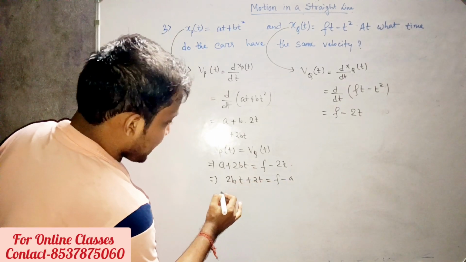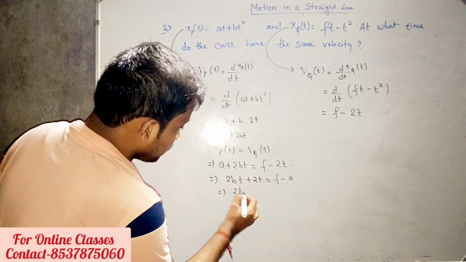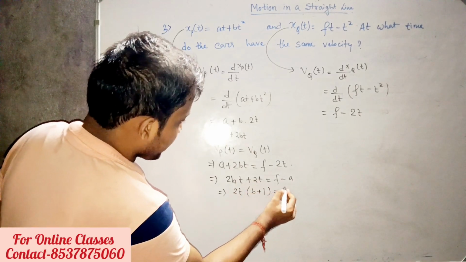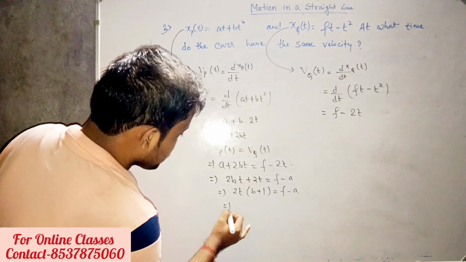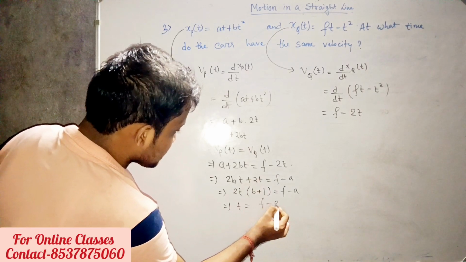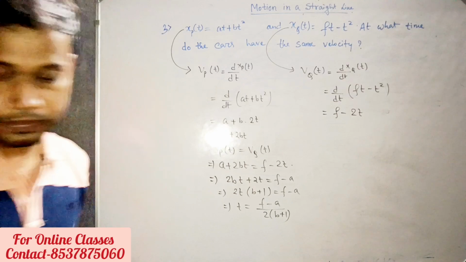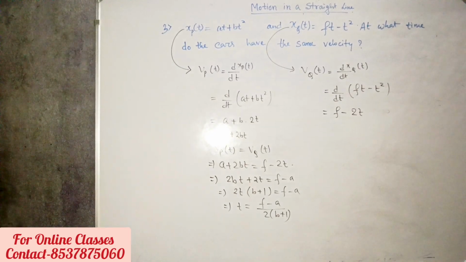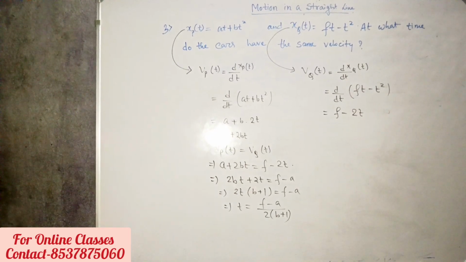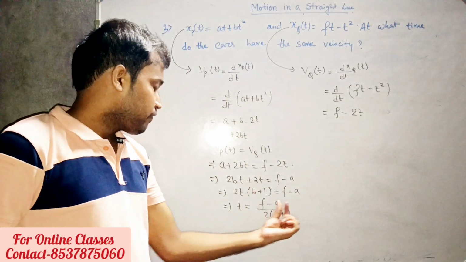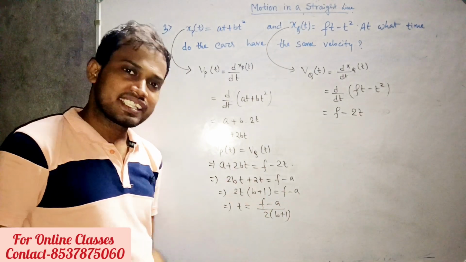If we take 2t as common, what will be the result? 2t times (b plus 1) equals f minus a. So t will be (f minus a) divided by 2(b plus 1). That is the result.